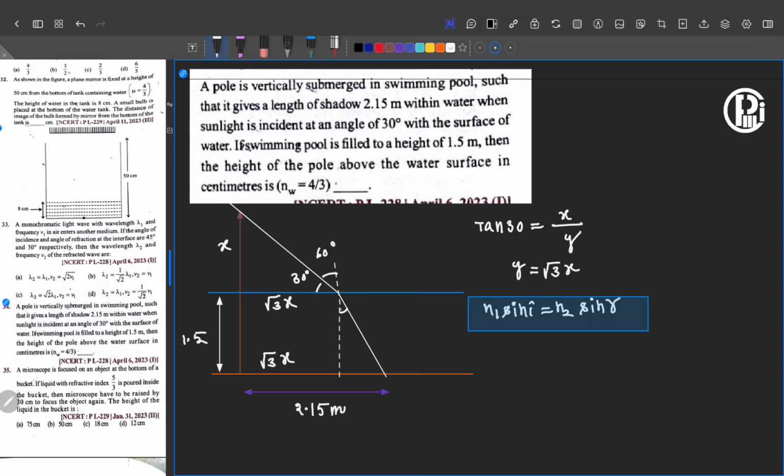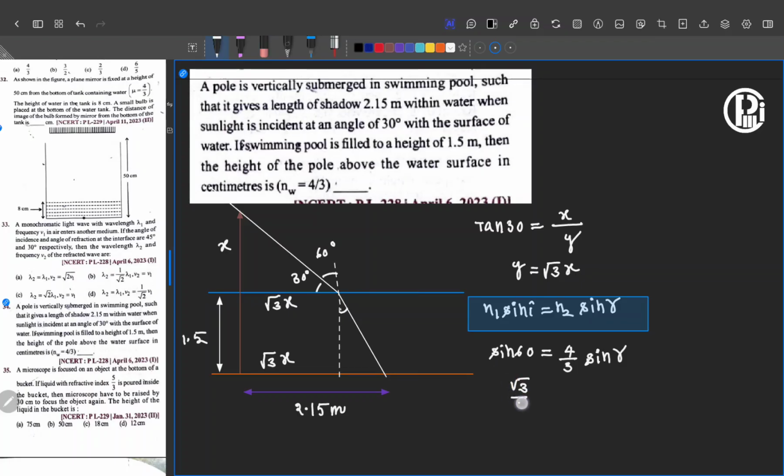Therefore what is N1 here? That was the air, so 1 and sin 60. So sin 60 will be equal to N2, which is how much? Water, given as 4 by 3. So 4 by 3 into sin r. Sin 60 is root 3 by 2.